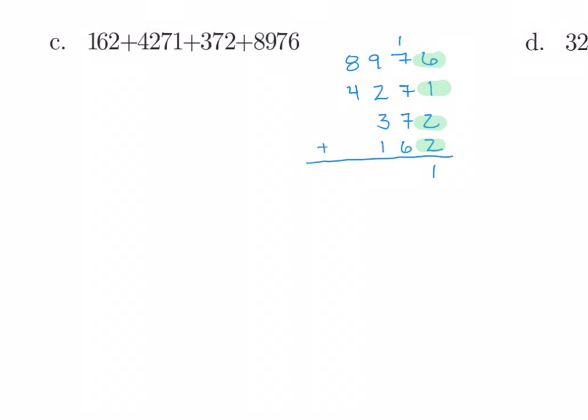Going on to the next column, I have 7 and 7 gives me 14, plus 6 gives me 20, 27, 28. So I'm going to put my 8 on the bottom. I'm going to carry my 1.